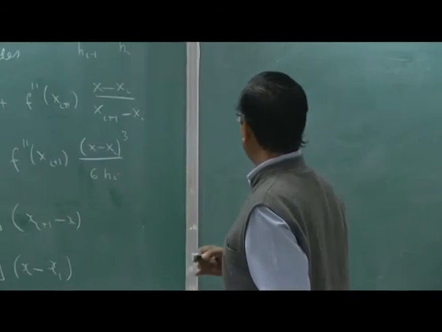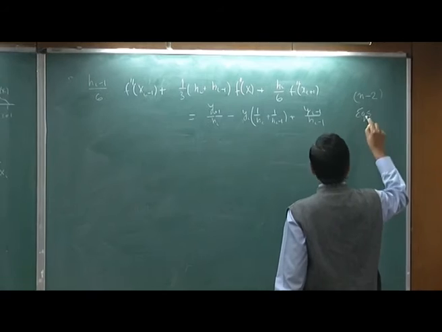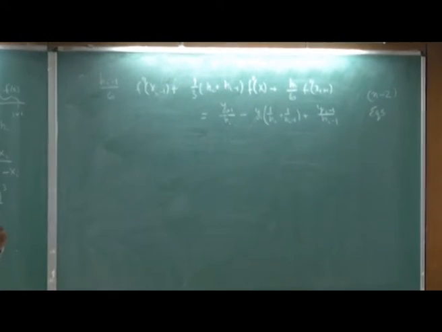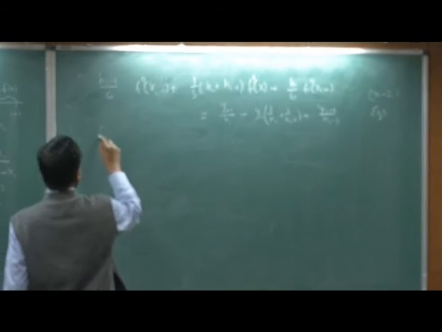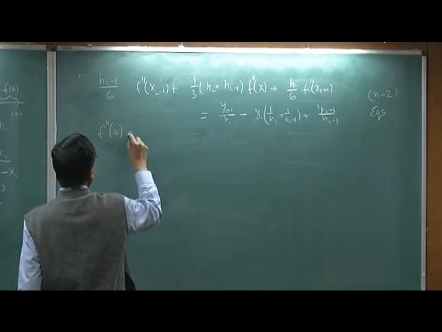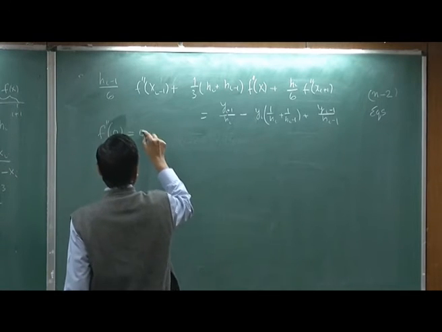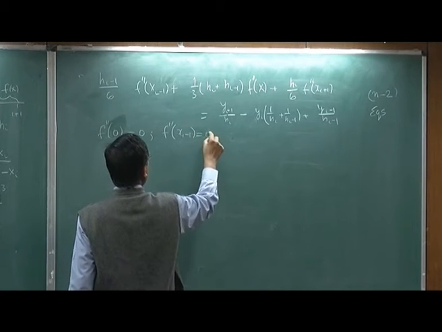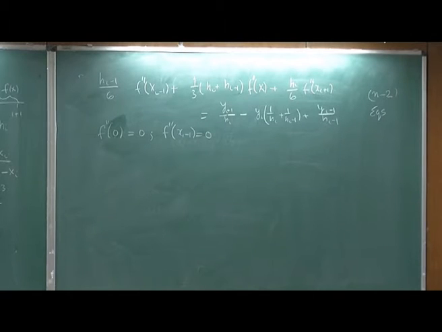I set up some conditions. One condition would be that the double derivative at both the ends is 0. So a double prime at 0 is 0, and this is called free beam. If you have done the beam equation, both the ends are free.